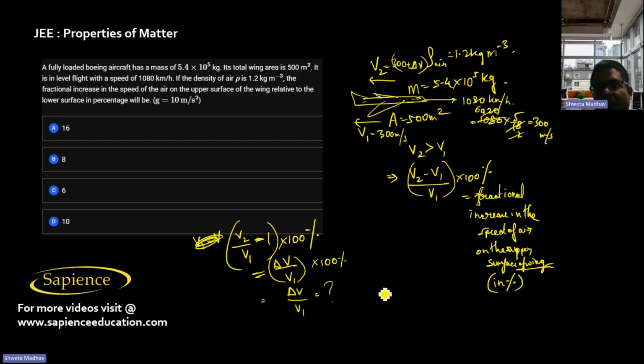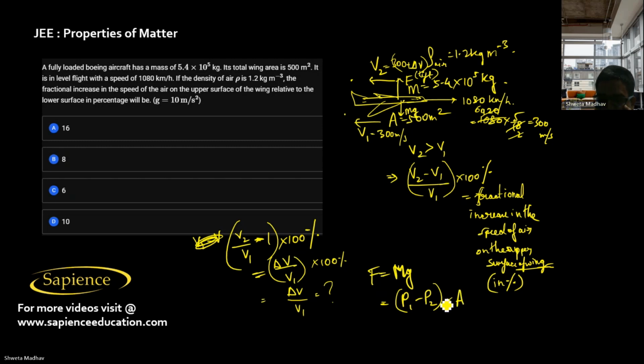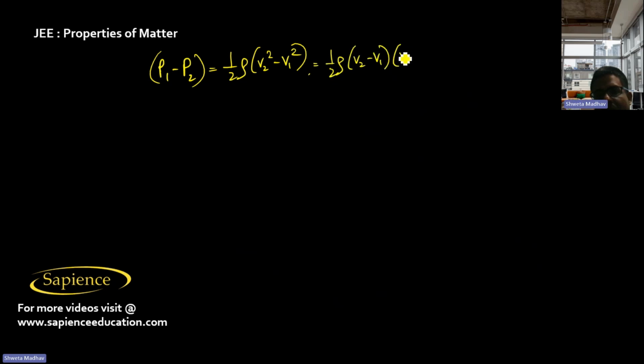Now, you know that the dynamic lift force upwards, F, will be equal to mg, where m is the mass of the aeroplane, and that is equal to the pressure difference P1 minus P2 into the area of the wing. By using Bernoulli's principle, P1 minus P2 is half rho into V2 square minus V1 square, which is half rho into V2 minus V1 into V2 plus V1.